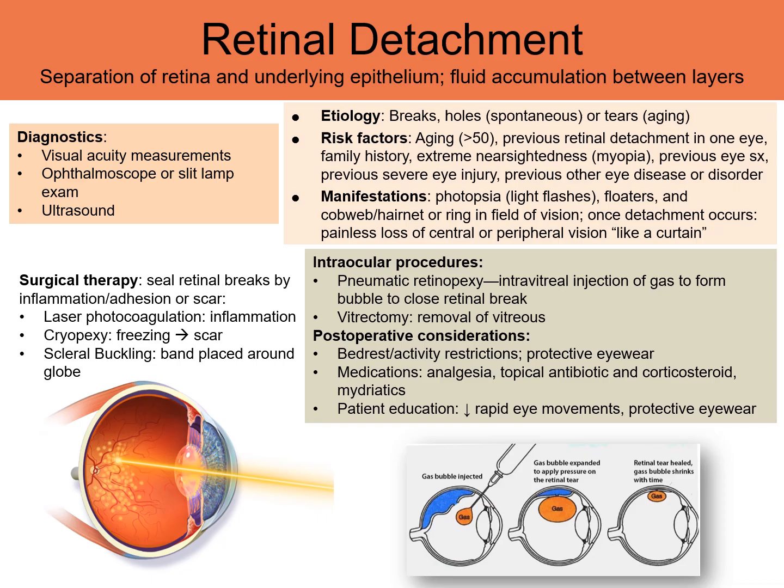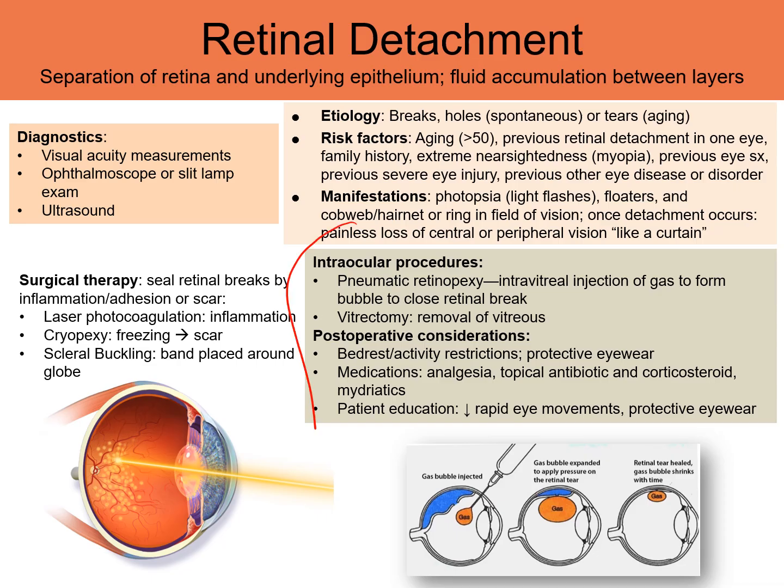Cryopexy is the same thing, but they're freezing with cold. Scleral buckling is when they wrap a belt around there to hold pressure around the globe where the hole is.